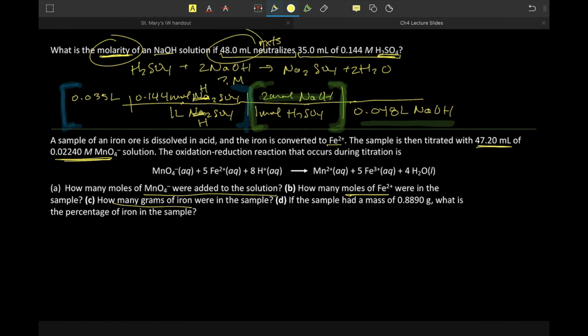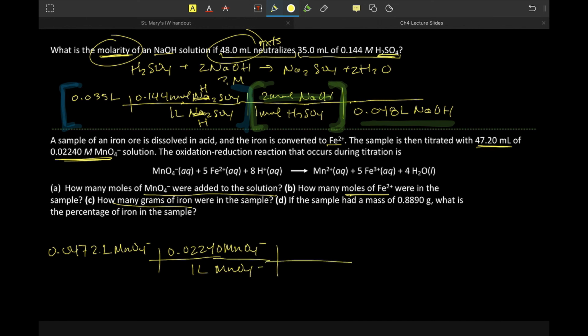So then if we were to write all that out, it's the exact same thing. So we would start with our 0.0472 liters of our MnO4 minus, and then we use our concentration for every 1 liter. And then, so again, same first step.